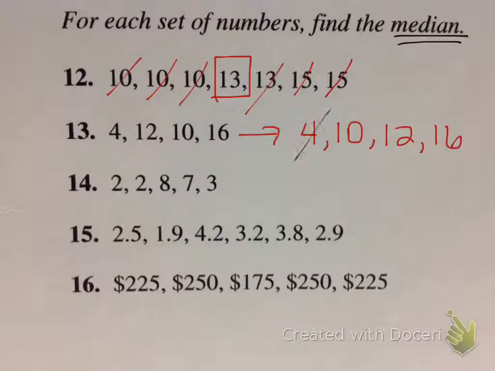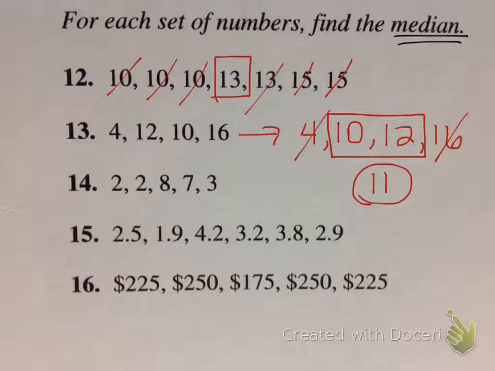If I start to cross off to find numbers in the middle, I actually have 2 numbers in the middle. So what I have to do is find the average: add them together, divide by 2. In this case, 10 and 12, their average is going to be 11, because that's the number in the middle of 10 and 12. If you add them together, you'd get 22 divided by 2, which is 11. So if you've got an even number of data points, you're just going to find the two middle numbers and then average them to find your true median.